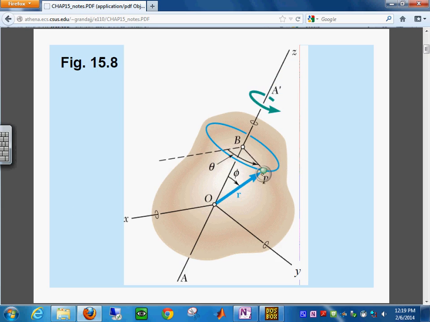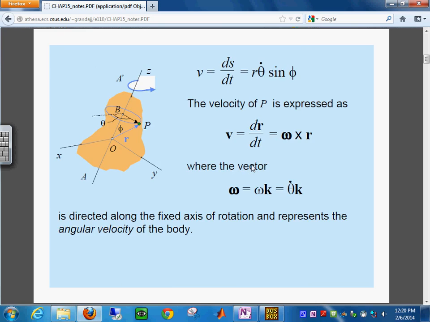What I'm trying to do is find the velocity of P and establish what the value would be in vector notation. So one way of doing that is to say that the velocity of the point P, and remember this is three-dimensional space, is omega, which is a vector that is along the z-axis, cross r, which would be Vp.